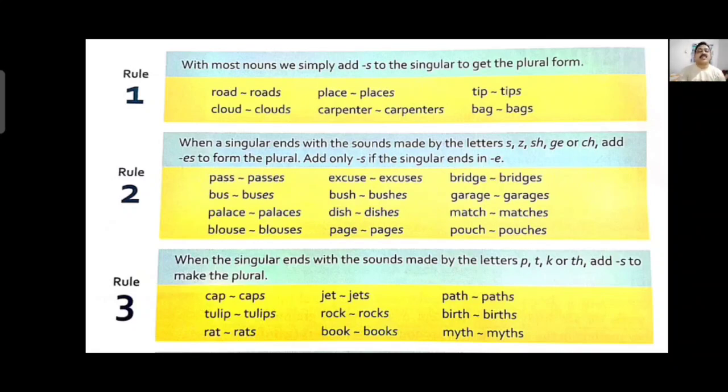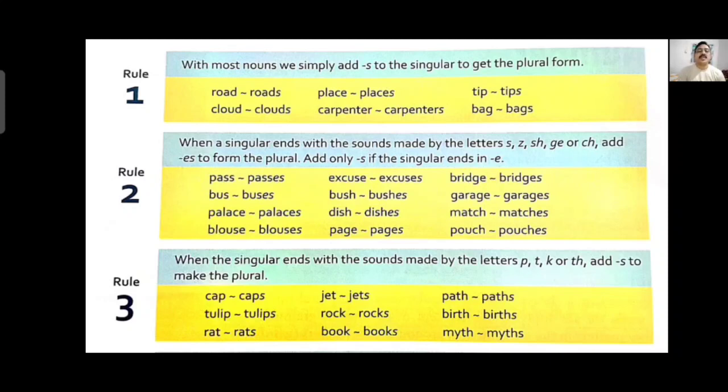Third rule: when the singular ends with the sound made by letter p, t, k or th, add S to make the plural. You can see when a word ends with p, t, k or th, then just add S to make singular into plural. Cap ends with p, caps.